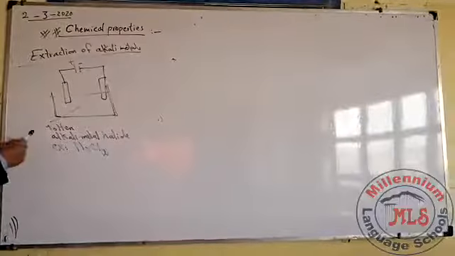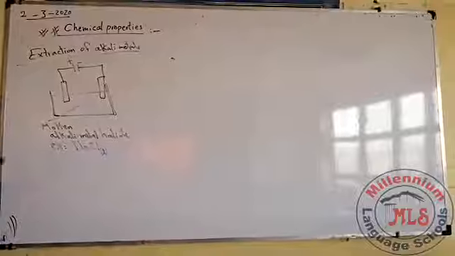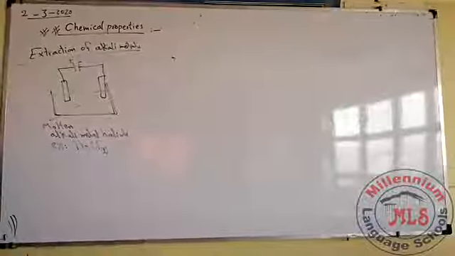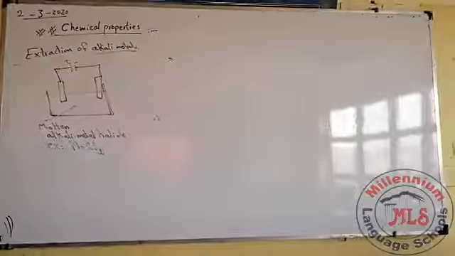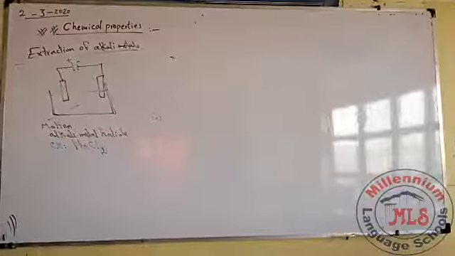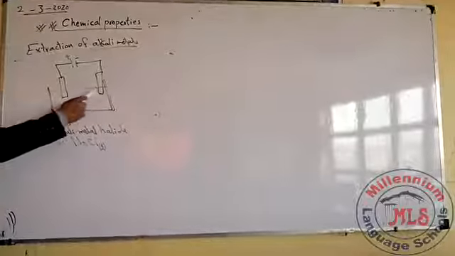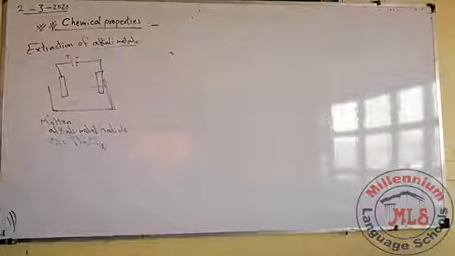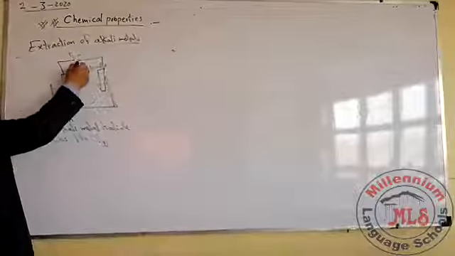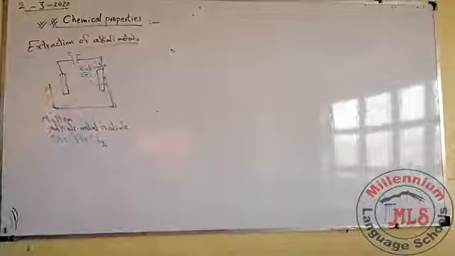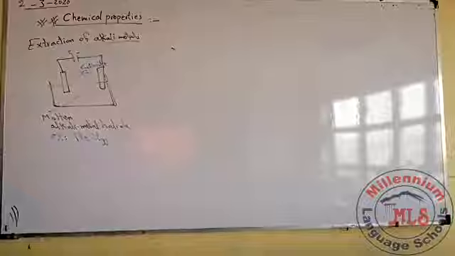Now, if we have molten alkali metal halide and we have this system, we can get the alkali metal. By applying the electricity, what will happen? Positive ions will move to the cathode. Cathode is the negative electrode in electrolysis.